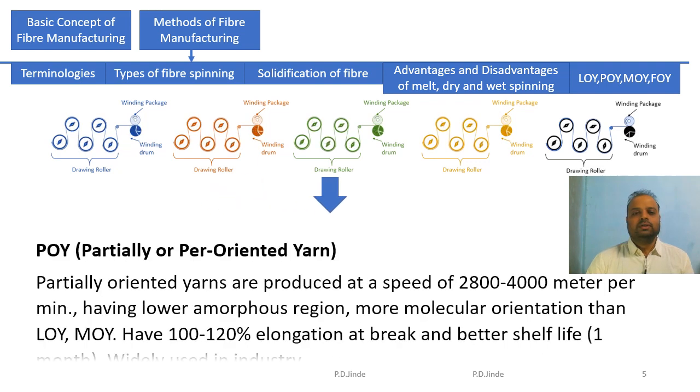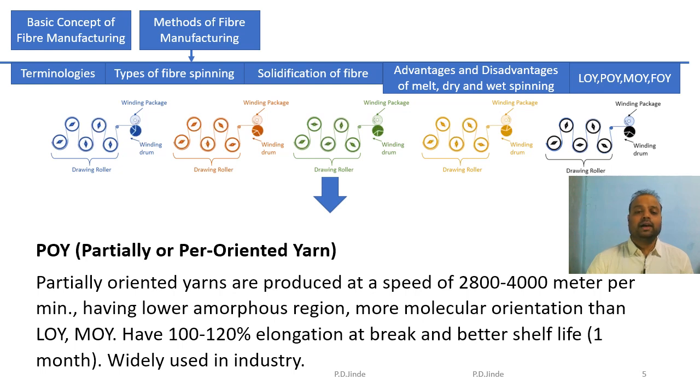Talking about POY, that is partially oriented yarn, it is produced at a winding speed of 2800 to 4000 meters per minute, and has a lower amorphous region, or you can say medium amorphous region, and more molecular orientation, right?